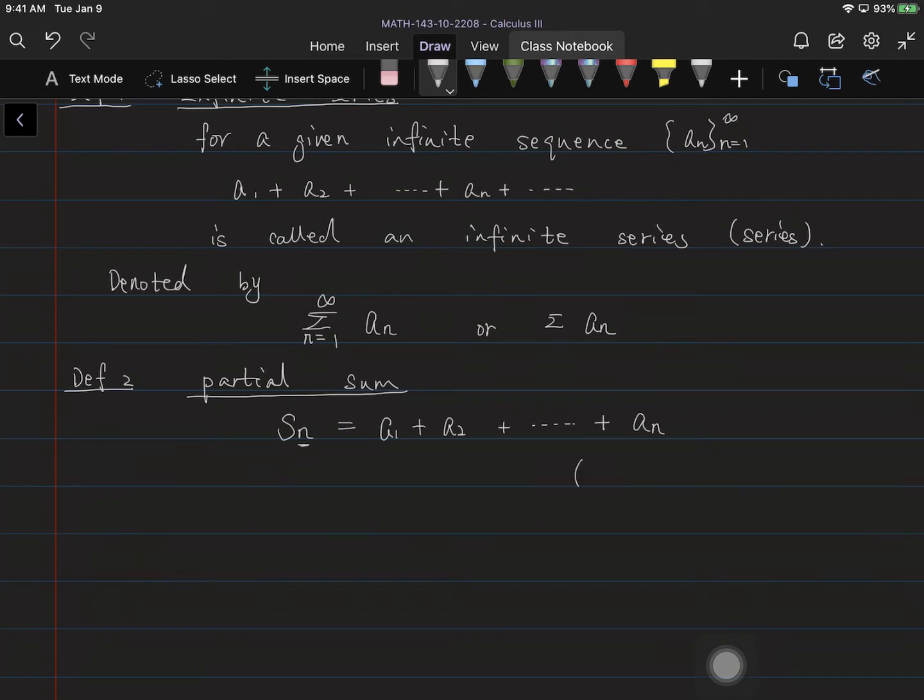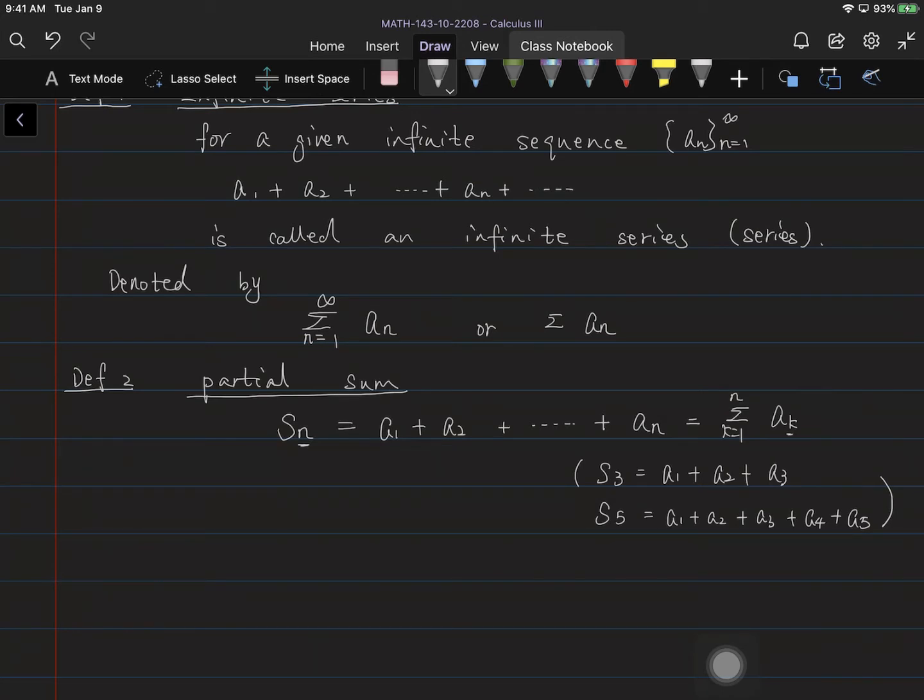For example, S3 equals what? A1 plus A2 plus A3, only 3 terms. If we have S5, that is A1 plus A2 till A5, something like that. So that's why it's called a partial sum. And if we want to write this as sum notation, that is sum of ak, k from 1 to n.